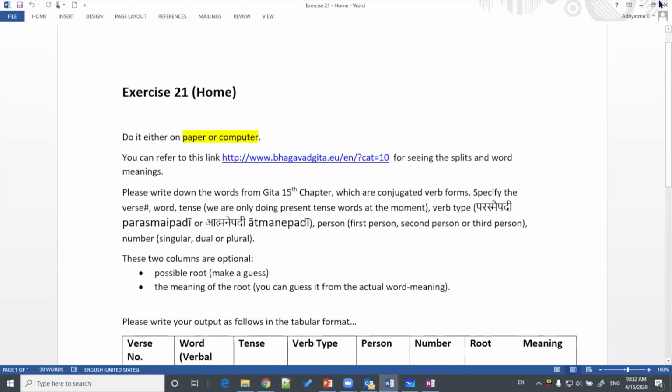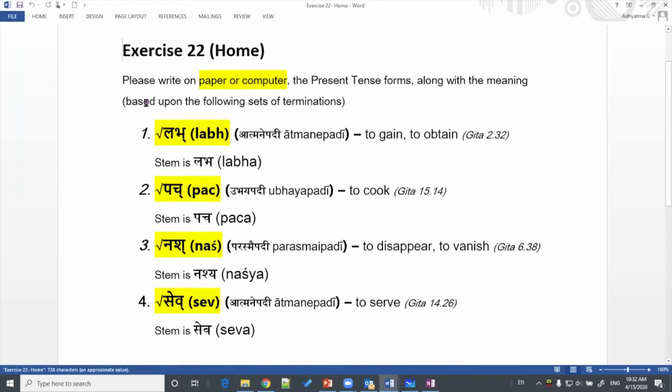So this is one exercise, and the other exercise, this can be done on paper or computer again, you will write the forms of labh, pach, nash or save.